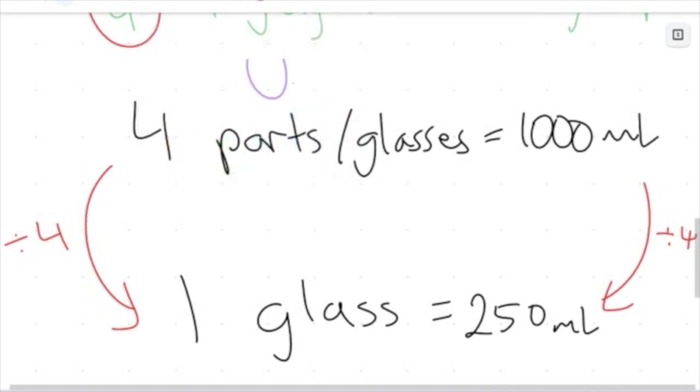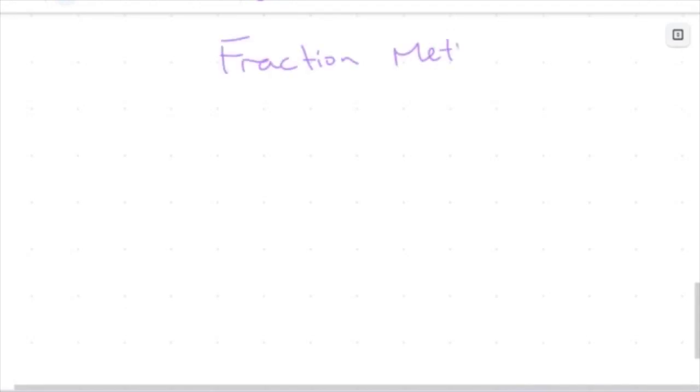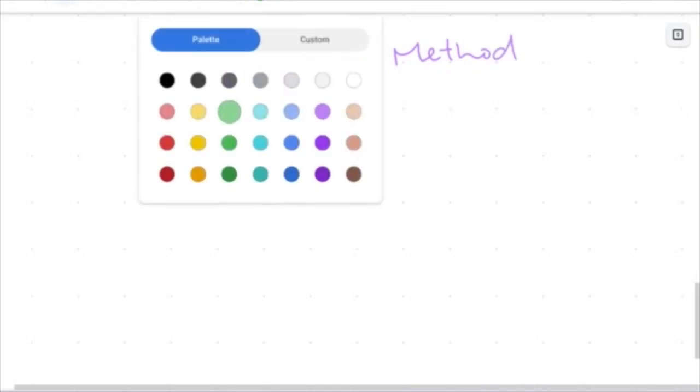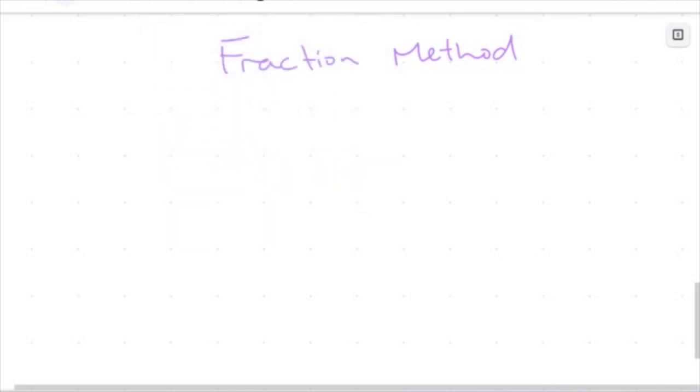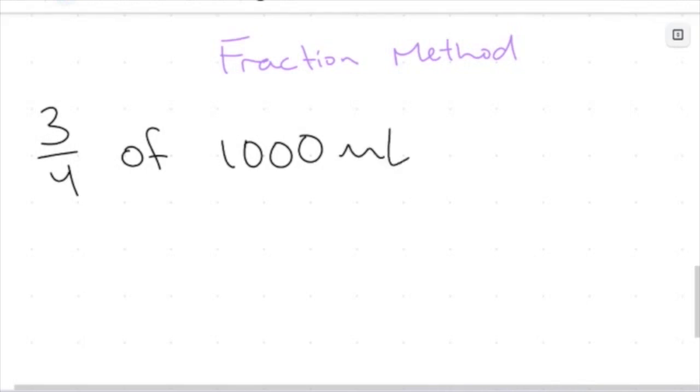Now here, this is the unitary method. We can find this using the fraction method as well. And all we want to do here is find, well, what's 3/4 of 1,000 milliliters?